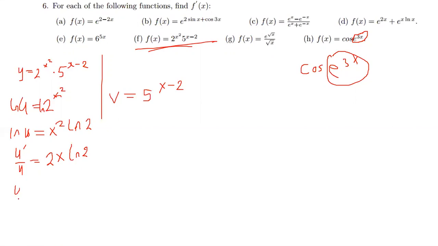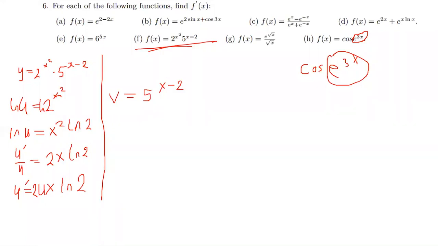Then you say u prime will be nothing but equal to u times this side. So you're going to multiply this u times everything this side. You're going to have 2ux ln 2. So what is u here?